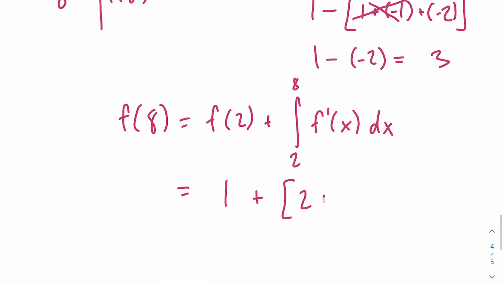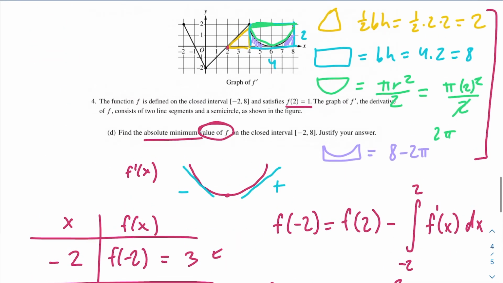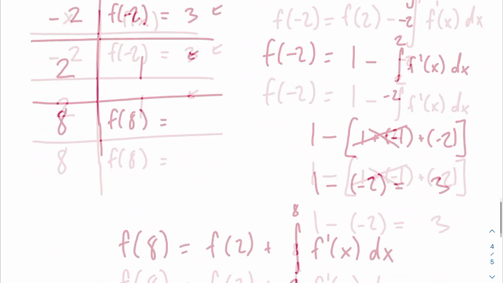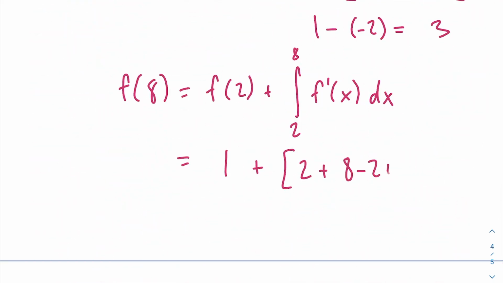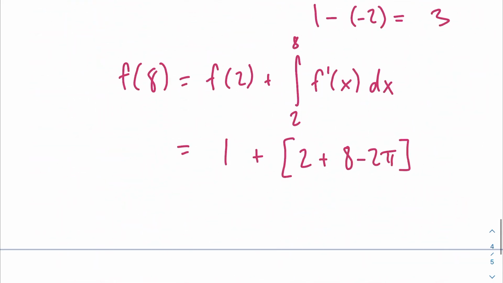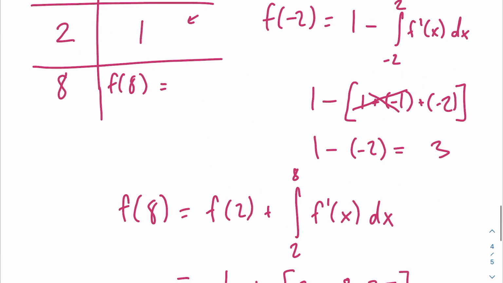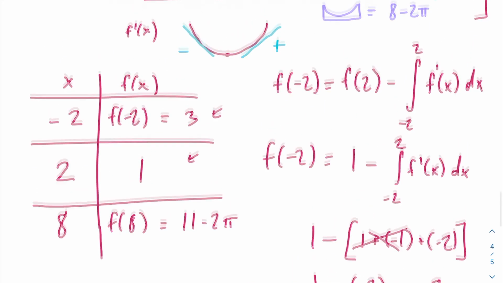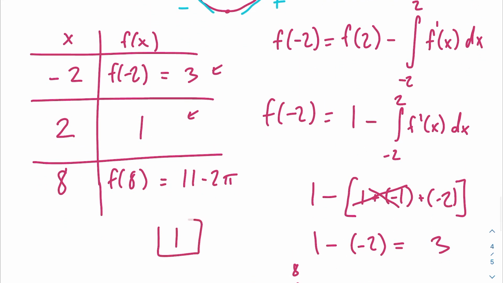So that's going to be 2 plus the combination of the yellow and the purple, 8 minus 2 pi, so 1 plus 10 minus 2 pi, so it's going to be 11 minus 2 pi. So f of 8 is going to be 11 minus 2 pi, so that is also greater than f of 2. So it looks like our absolute minimum value is going to be 1.